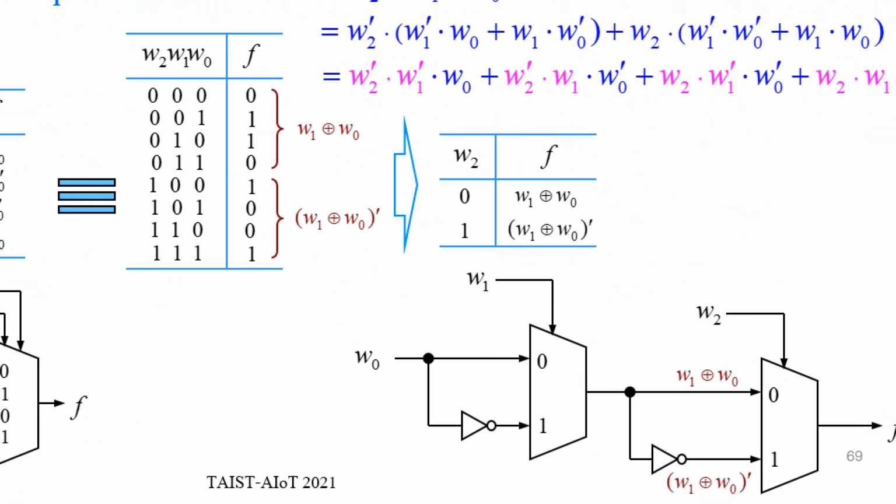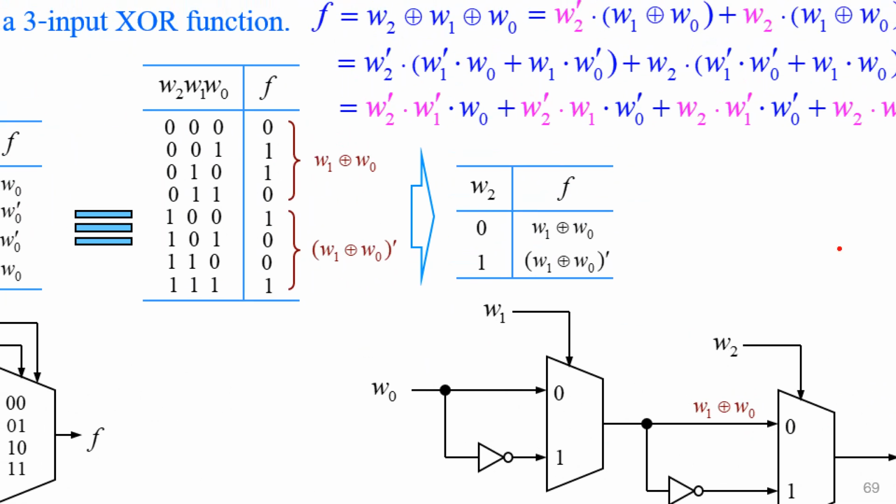Okay, and for this part, if I use only W2 as the selector signal, when W2 is 0, your function is W1 XOR W0. When W2 is 1, your function is W1 XOR W0 prime.